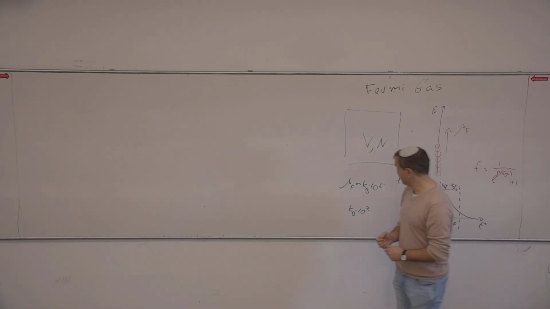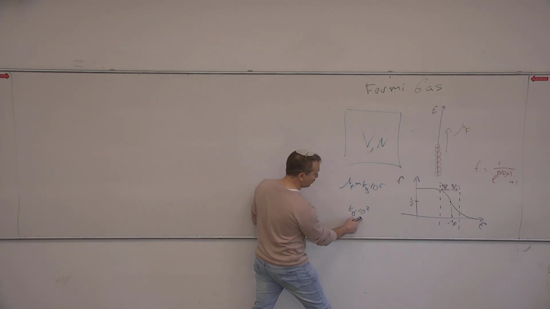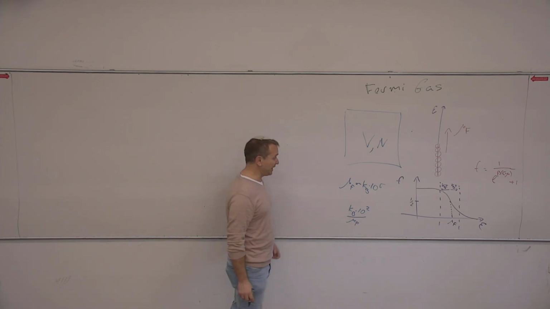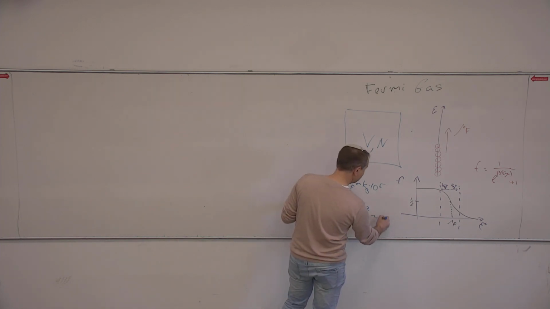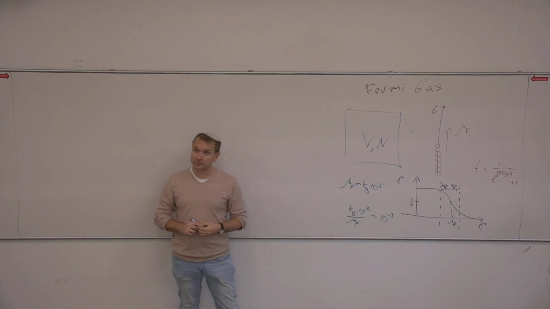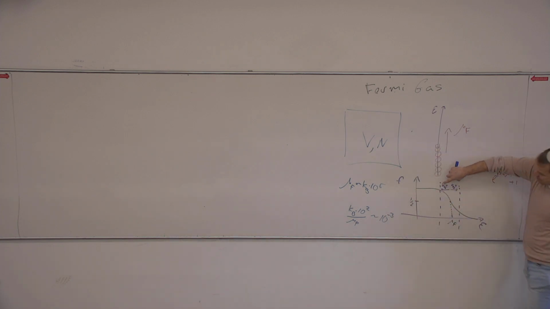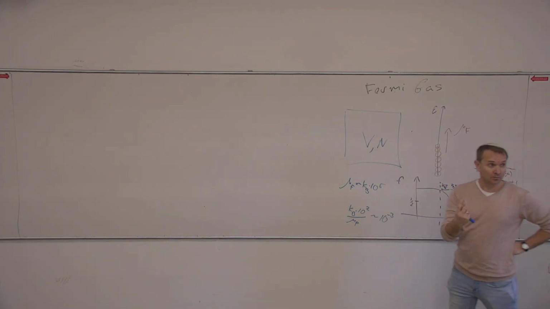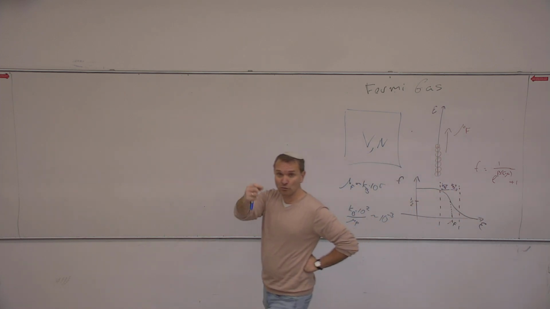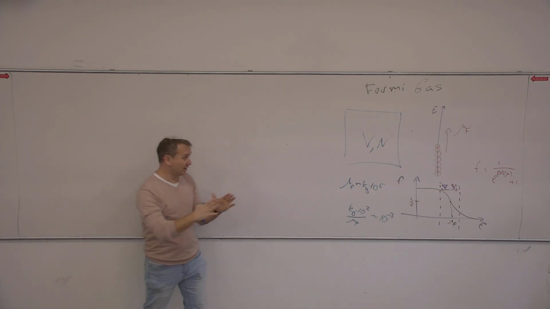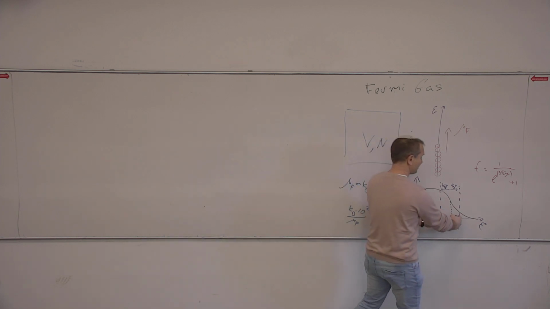If you take k Boltzmann 10 to the 2 divided by mu Fermi, you obtain 10 to the minus 3. So 10 to the minus 3 is the relative width of this region where something can happen: occupied become unoccupied, unoccupied become occupied. Anything that you can affect sits over here.